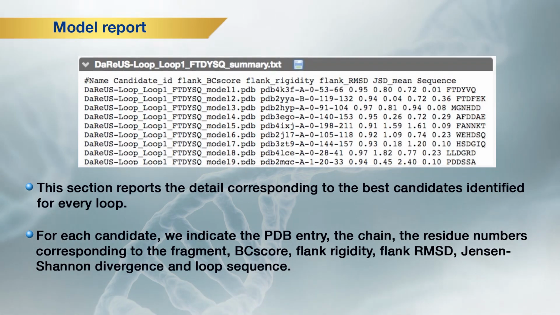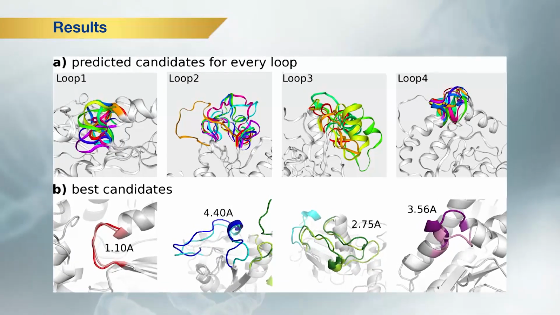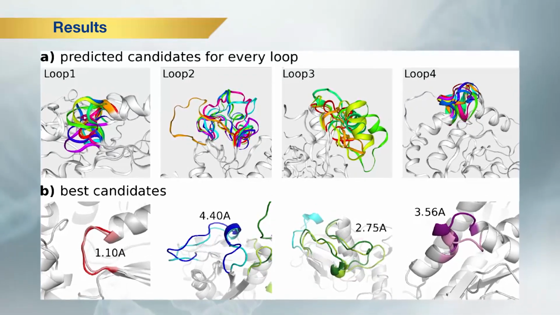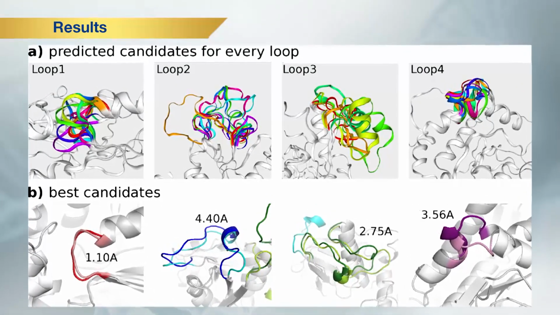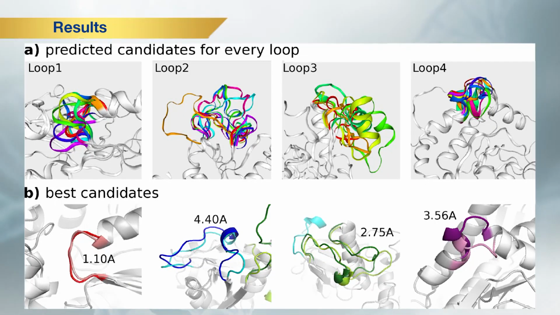It also gives the BC score, flank rigidity, flank root mean square deviation, and a different statistical measure known as Jensen-Shannon divergence, and the loop sequence. It also gives the gapped sequence defining loops ranging from one amino acid to another. So, it gives us the specific regions of the amino acids where the loop is represented, for example from 60 to 70, 159 to 84, 259. So, different loops will be reported.